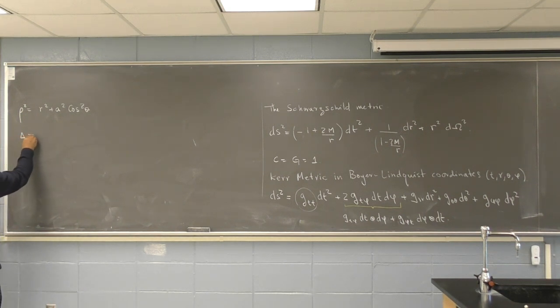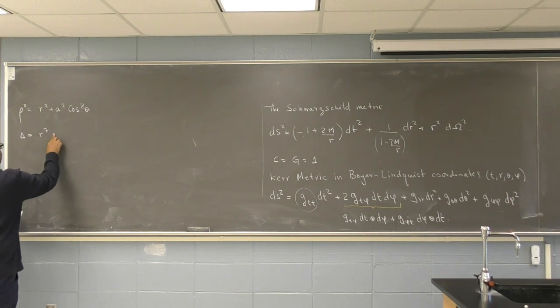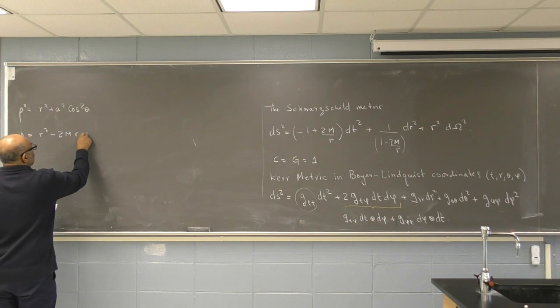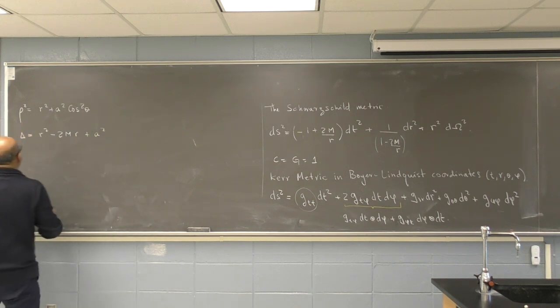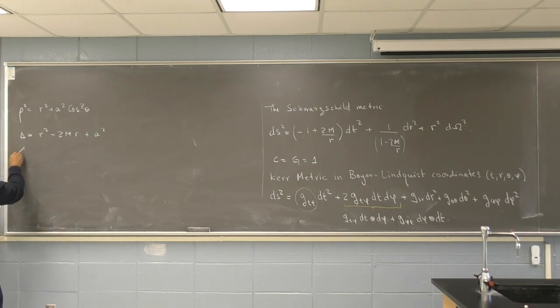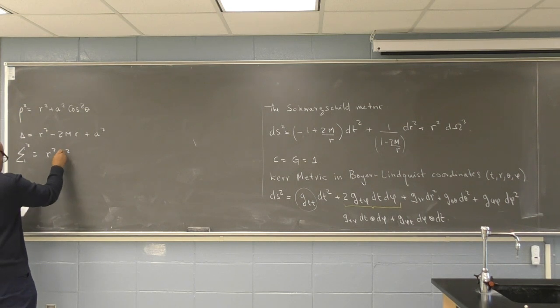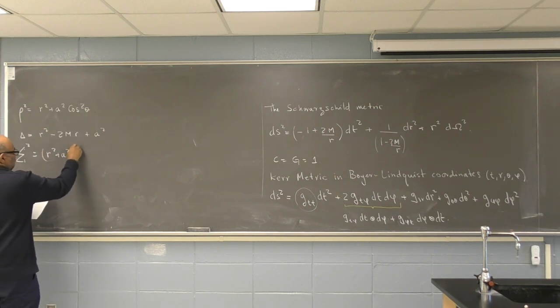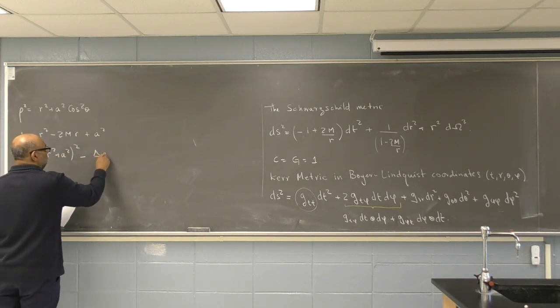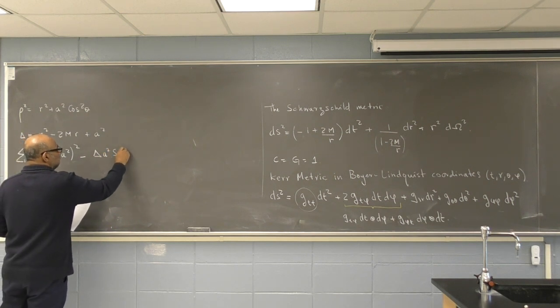Rho squared, delta, and perhaps sigma squared, and that is r squared plus a squared, delta, a squared sine squared theta.